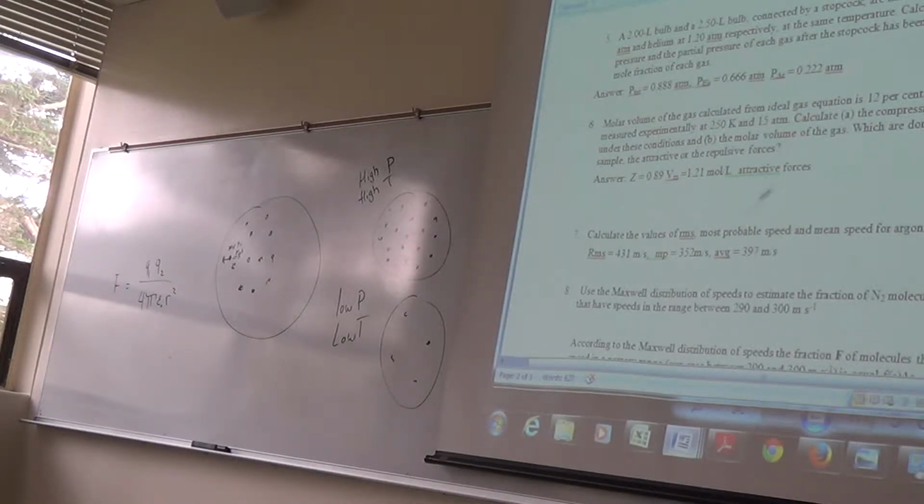Now you have a volume that is the sum of the 2 volumes that you started with, and a number of moles that is the sum of the 2 numbers of moles that you started with. So total number of moles is going to be the number in here plus the number in here. The new volume is going to be the sum of those 2 volumes. Once you've got that figured out, you can basically just plug in the values and find out what the total pressure is going to be, and what the partial pressure for each species would be.